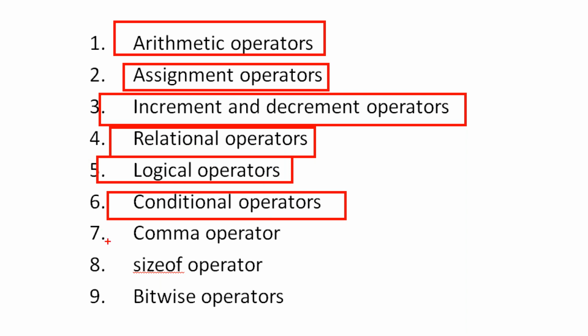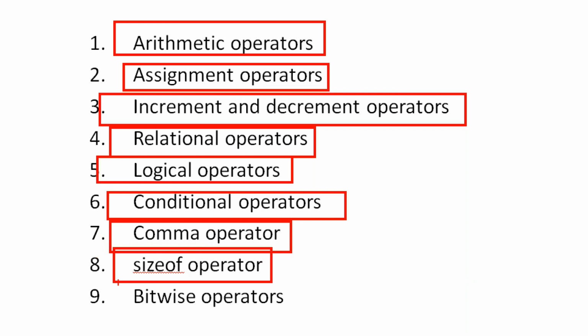Conditional and ternary operator are both the same. Then comma operator, sizeof operator, and bitwise operators. These are the different types of operators. We will see all these operators one by one.